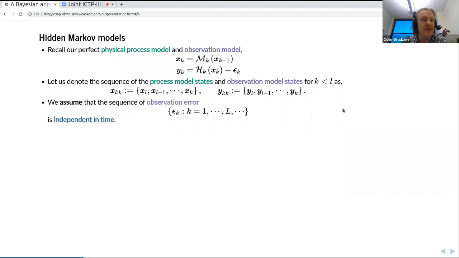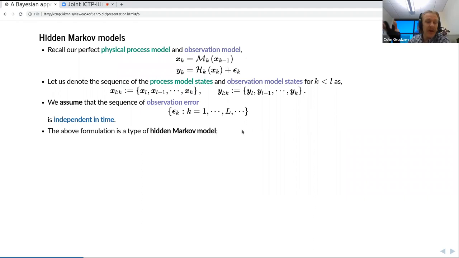And we want to assume now that the sequence of observation errors, that is these epsilons, as they range in time up to an arbitrary leading state and off to infinity, will be independent in time. That is, the observation errors at one time give no information about the observation errors at another time, which may or may not be a good assumption in practice, but this is part of the framework of this hidden Markov model.